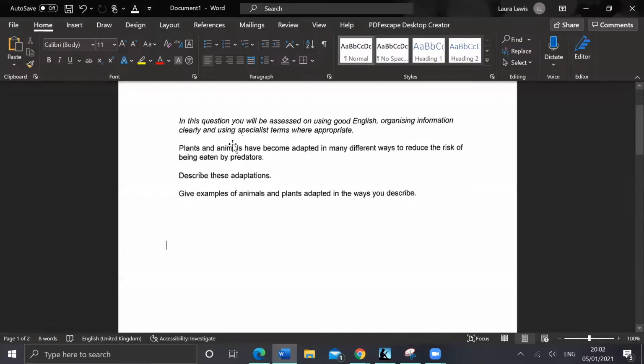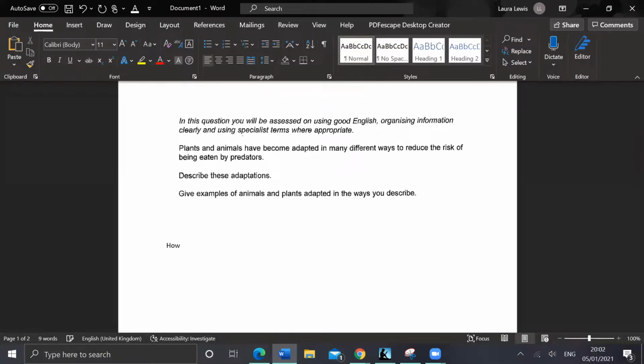Also, let's have a look at the key thing. In an exam, you can either underline it, or you can write it out again. So what I will do is write it out again. So let's read it through. Plants and animals have become adapted in many different ways to reduce the risk of being eaten by predators.